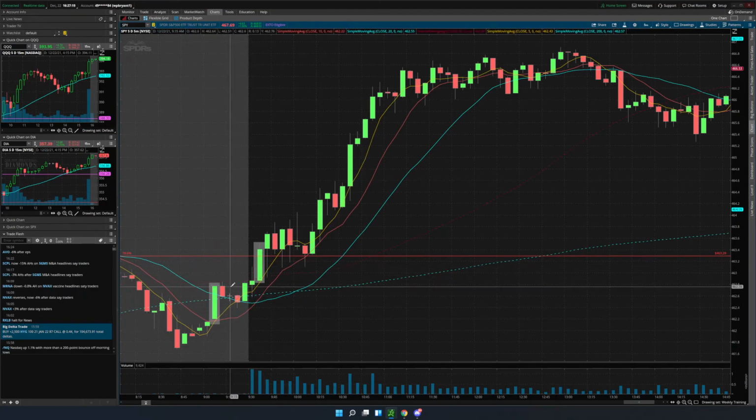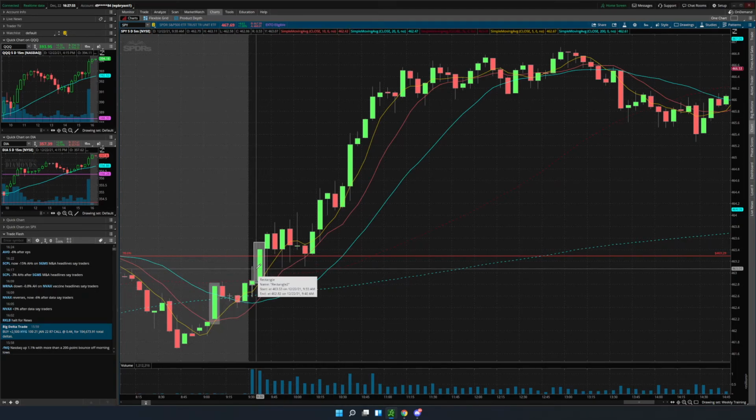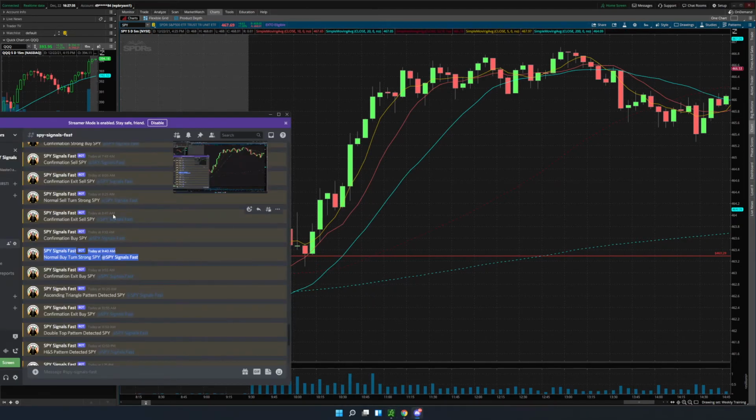So if you did nothing else but buy the open, you would have been fine. I think it's probably prudent to wait for the open to come in and get that confirmation. But at 9:40, we got a normal buy turned strong. Now, what does that mean when it goes from a confirmation buy and then it says buy turned strong? Or you'll see sometimes it'll just say normal sell, normal buy, that sort of thing.